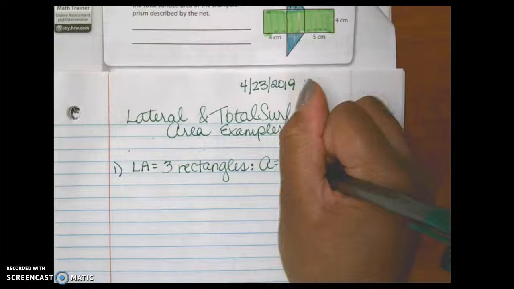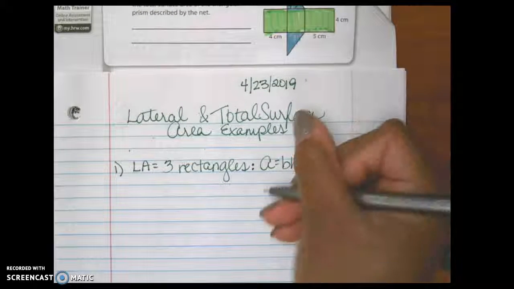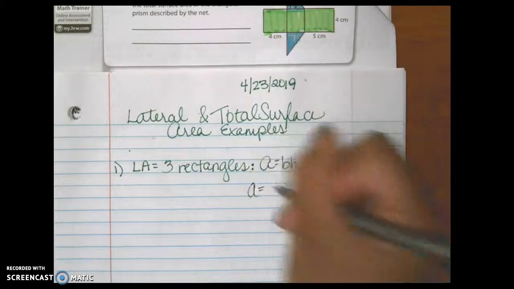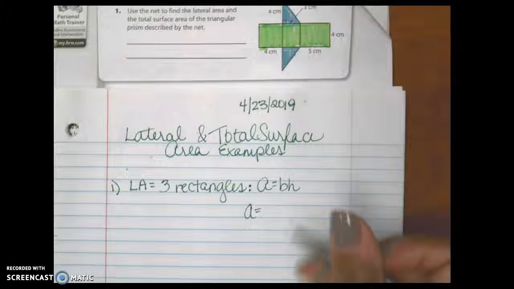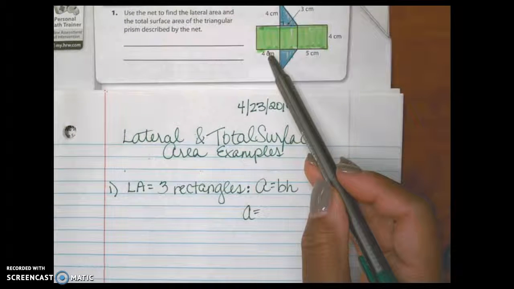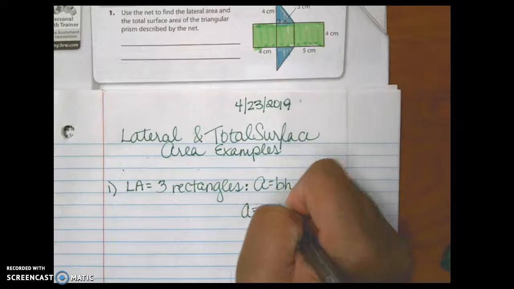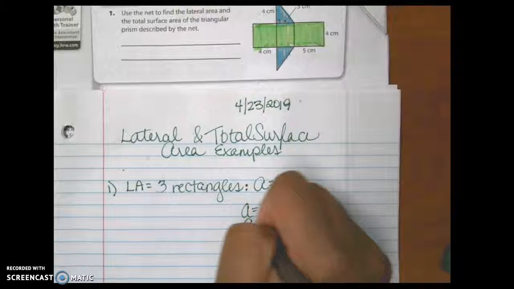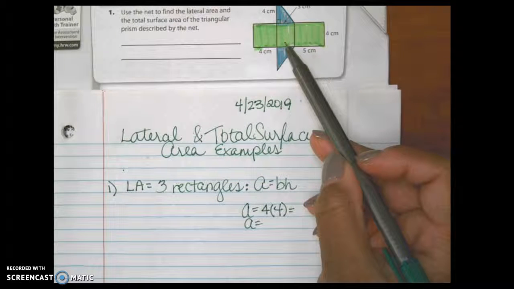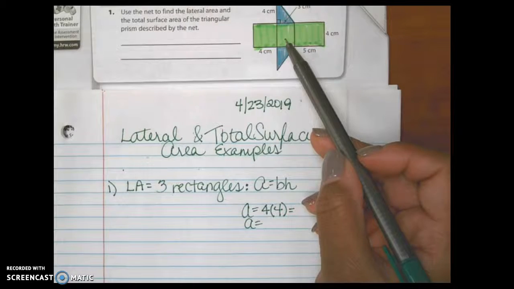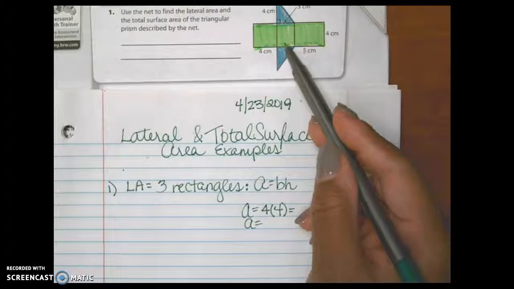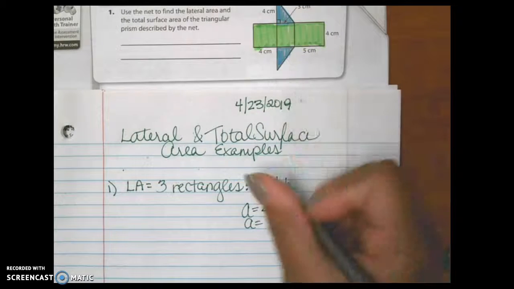A equals base times height. So, 1 rectangle. What are the dimensions of this rectangle right here? 4 by 4. The middle rectangle. What are the dimensions? How long is it? How wide is it? 3 by 4. This is not a square.